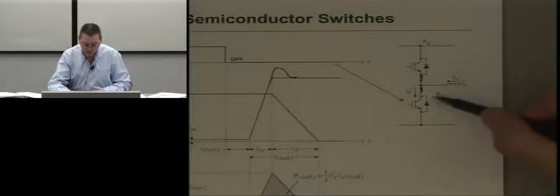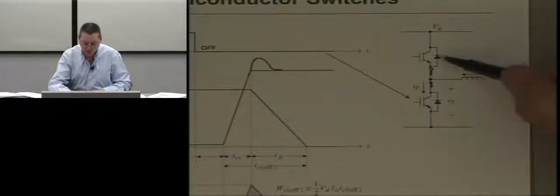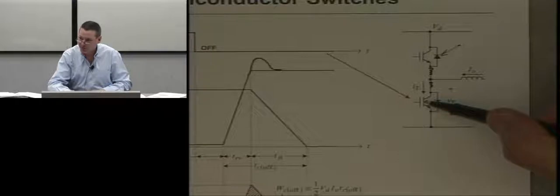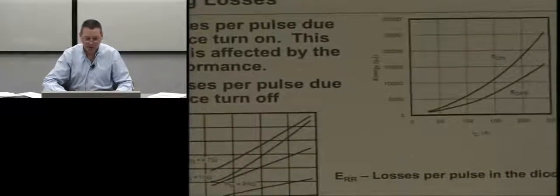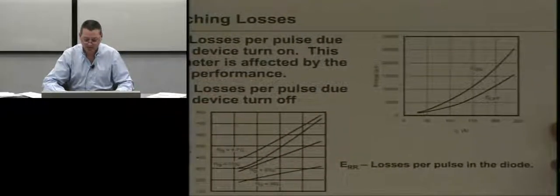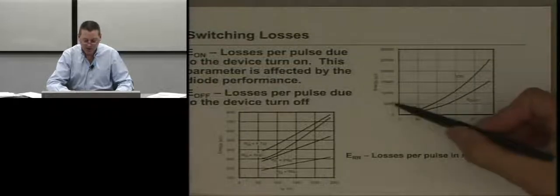So when I define switching loss here, I'm assuming an inductive load and the matching device on top. So it's this body diode and this IGBT that we're referring to when we do these graphs of turn on and turn off losses.